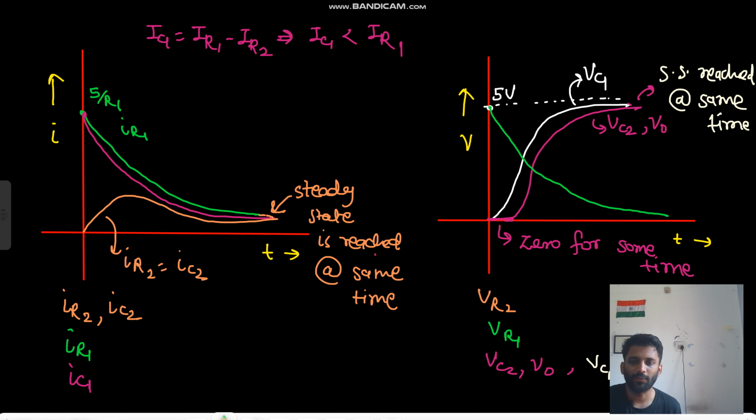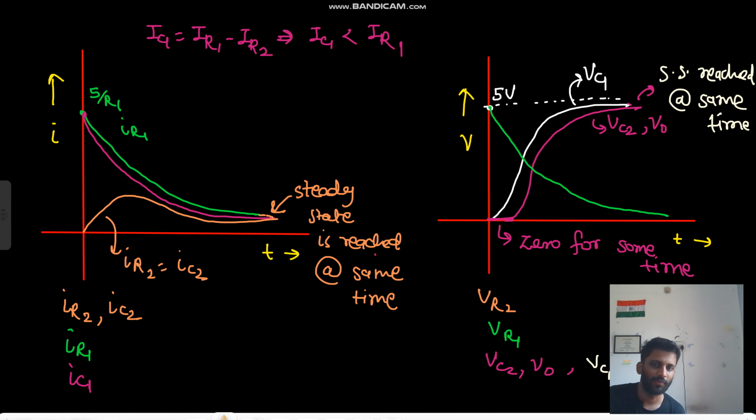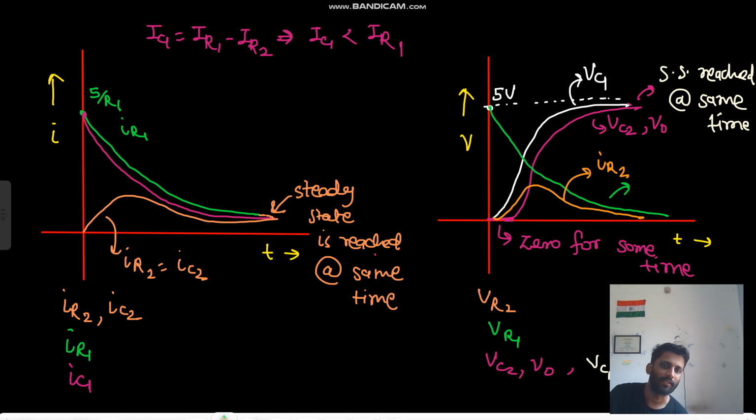And talking about VR2, VR2 will go the same as IR2. So it will go up and goes down to 0 like this. So this is IR2, and in green color this was IR1.